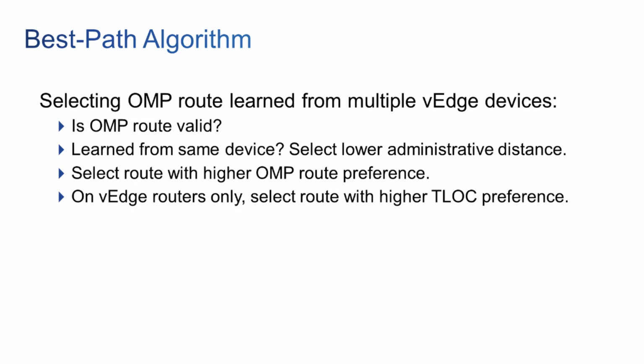So the vEdge routers advertise their local routes to the vSmart controllers using OMP, right? Now, depending on the network topology, some routes might be advertised from multiple vEdge routers. So we use a particular algorithm to choose the best route. The first thing we check is whether the OMP route is valid.